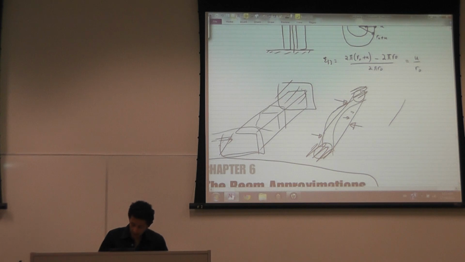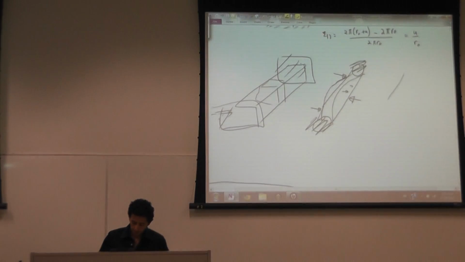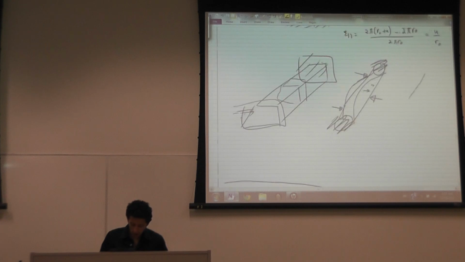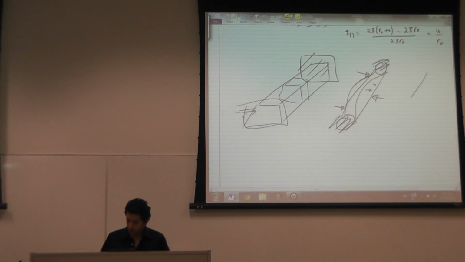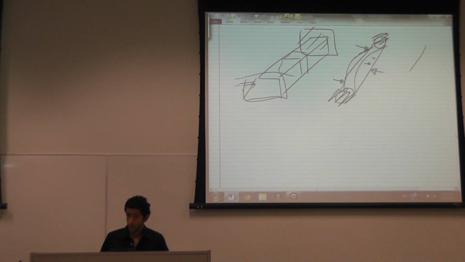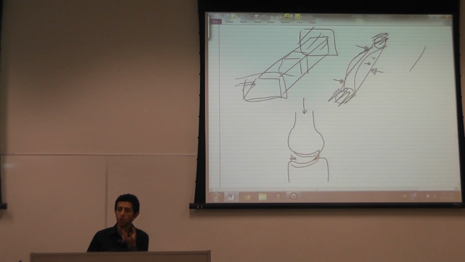When I did my PhD, I did an axisymmetric model, because I was looking at joints where you have a bone on another bone with some cartilage here, and this was moved upwards and downwards. So this is a cylindrical object. So I didn't need to model the whole thing. All I had to do was model this part.